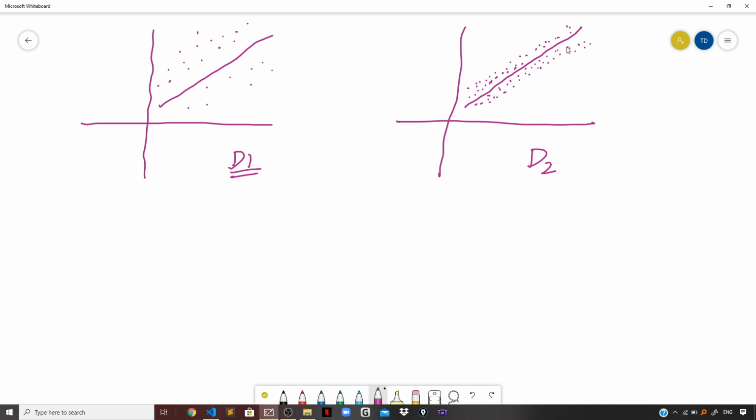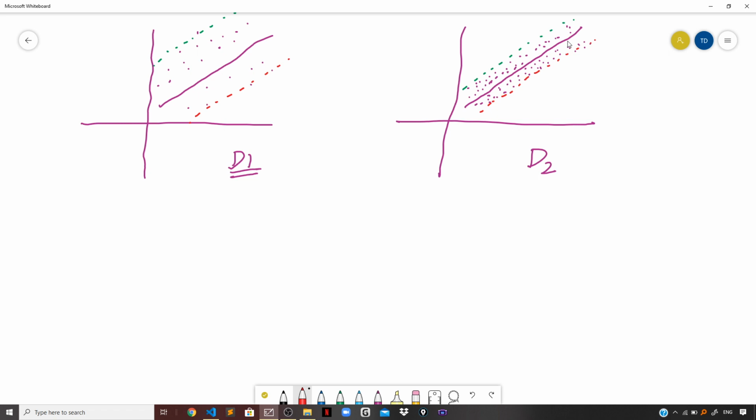Now if we take into consideration RSE here, we can see that if I draw two lines here again, and say this one, and same for our second dataset D2, and the second line, which is of course red in shade.